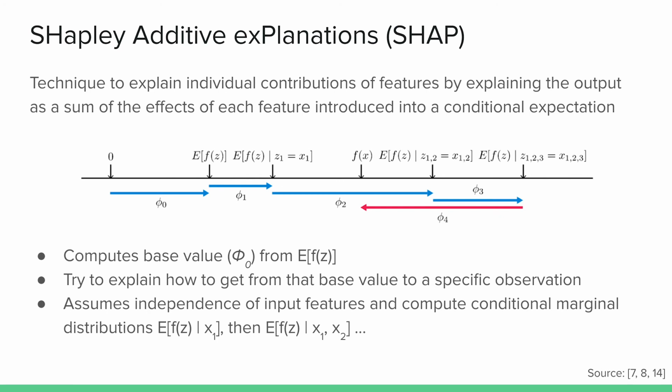So what we do is we compute the base value from this expectation of our model, and then we try to explain how to get from the base value, kind of the average, to a specific observation. This assumes independence of the input features and computes the conditional marginal distribution. So we say, okay, given one input feature, what is the expectation of this conditional distribution now?